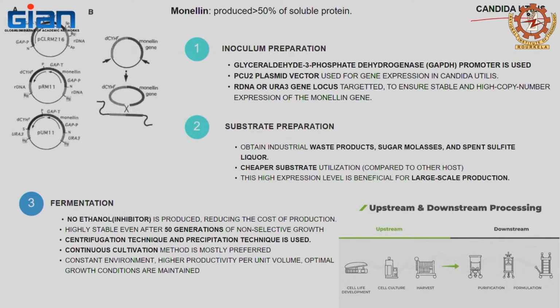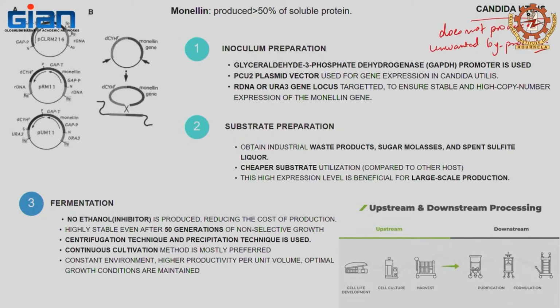The other thing is waste products such as sugar molasses and spent sulfite liquors. It won't produce extra byproducts like methanol, which significantly reduces the cost of downstream processing. It won't be producing the unwanted things which make the downstream process complex. Ethanol in this process might act as an inhibitor, which is majorly reduced by the utilization of Candida utilis.